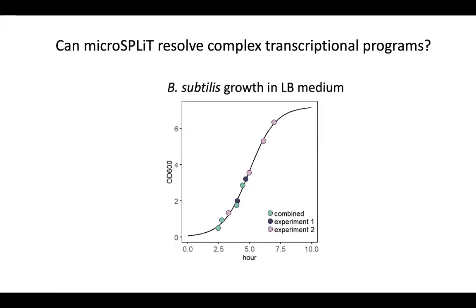Okay, so can microSPLiT resolve complex programs? Now we're only looking at Bacillus. We grew Bacillus subtilis in LB medium in 2 experiments, and we collected 10 optical density points from OD 0.5 to 6. A few of them were replicated and a few were not, just because of different people collecting them.